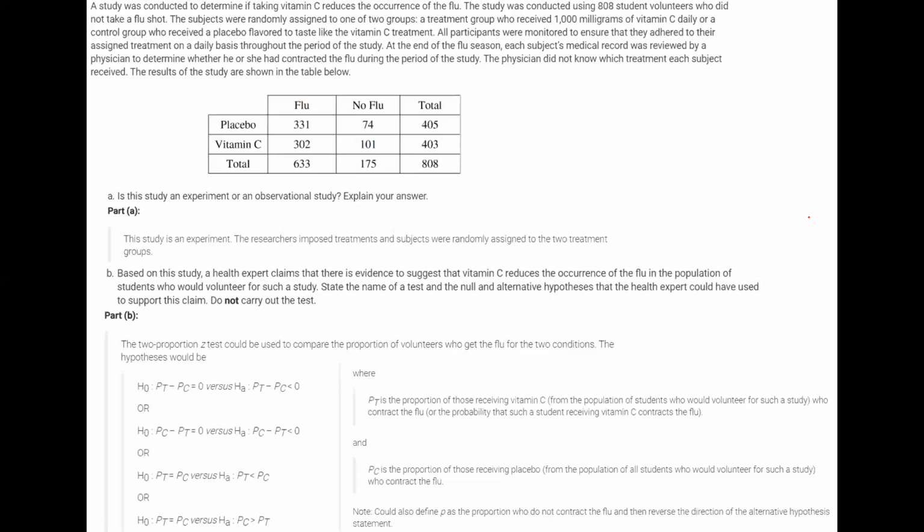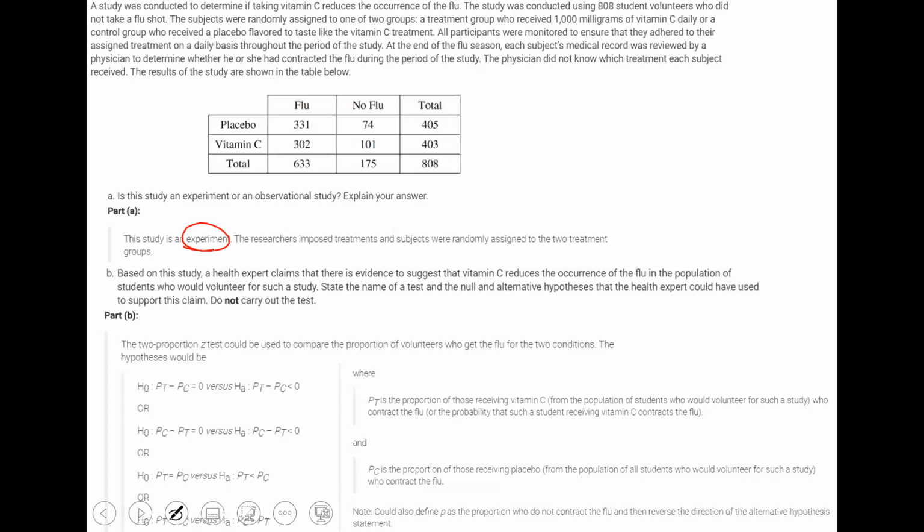All right, so part A is asking, is this study an experiment or an observational study? Explain your answer. And this is quite a straightforward question. You should have a straightforward answer. So your answer should start with, this study is an experiment. And then you need to explain why it's an experiment, right? Because it says there were treatments.